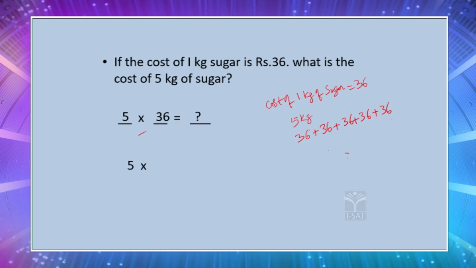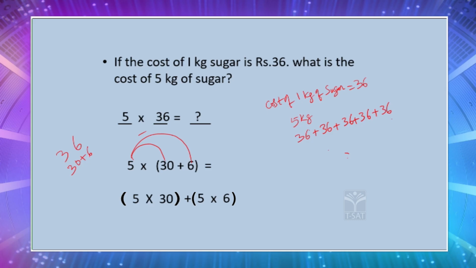See, 5 into 36: in 36 we have 3 tens and 6 ones, that means 30 plus 6. Now we multiply 5 into 30 and 5 into 6, and then add the products. 5 into 30 is 150 and 5 into 6 is 30.